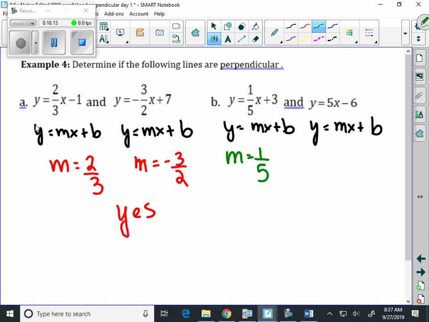Our slope on the equation to the right is 5. If we prefer, we can write this as 5/1. So they are reciprocals of each other, but they're not opposites of each other. And because they're not opposites of each other, these are not perpendicular.